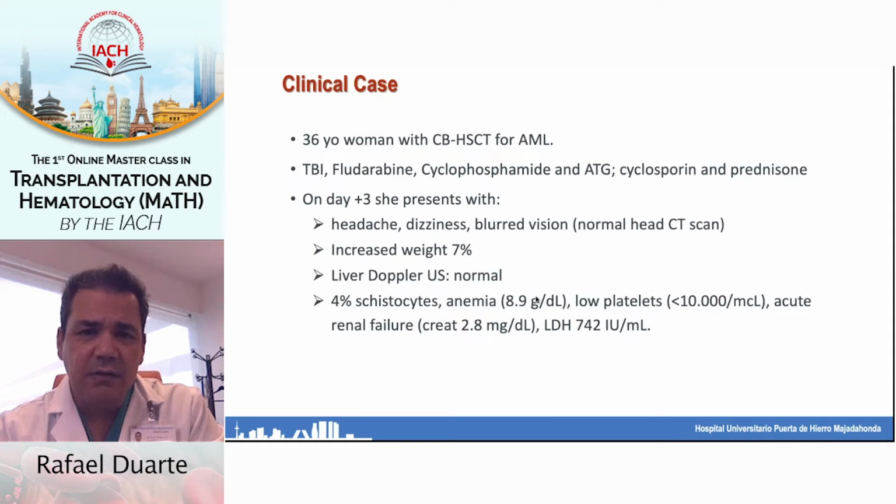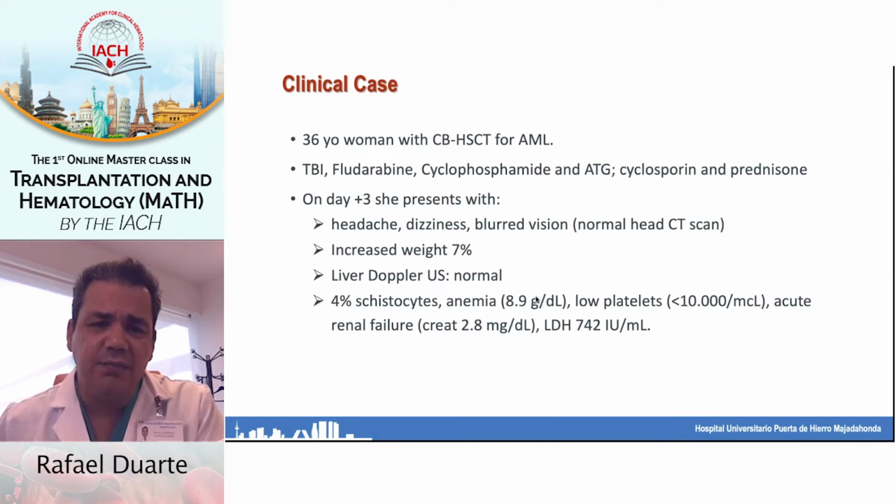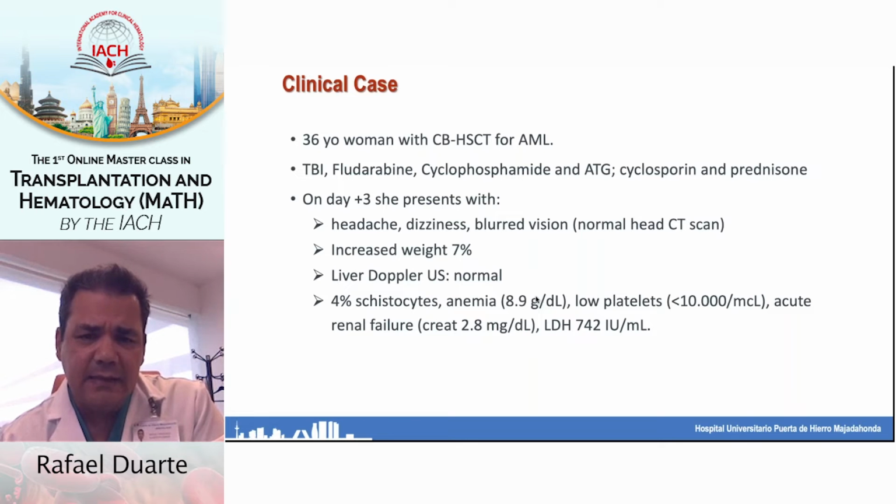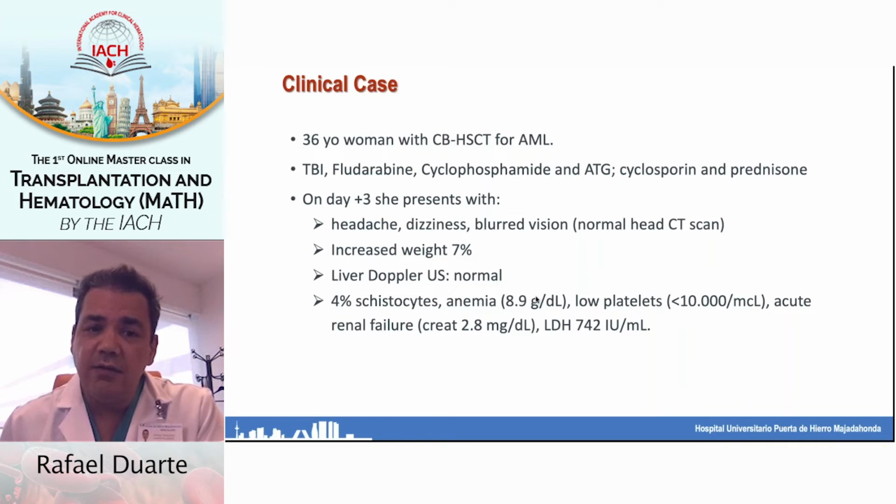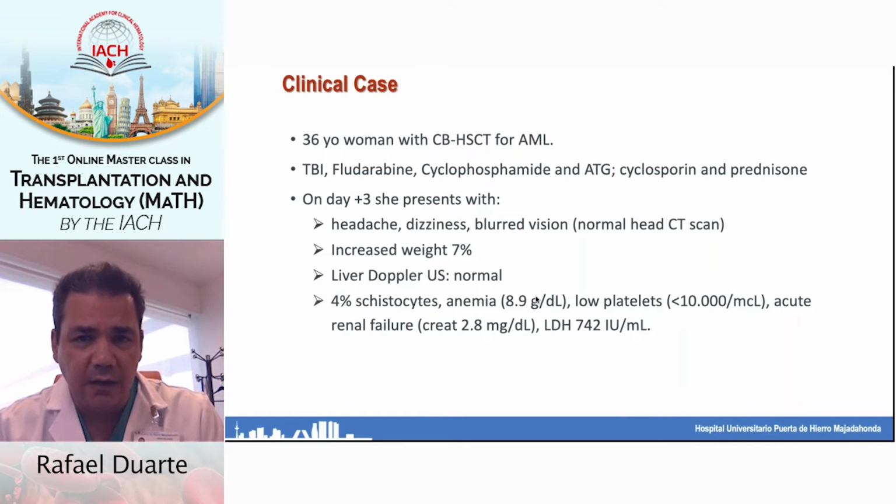This lady suddenly on day 3 presented with headache, dizziness, blurred vision. CT scan of the head was normal. Increased weight 7%. Liver Doppler ultrasound was normal. We normally monitor Doppler ultrasound and elastography prior to transplantation, and then whenever symptoms occur, to try and associate with the possibility of a veno-occlusive disease happening in this patient.